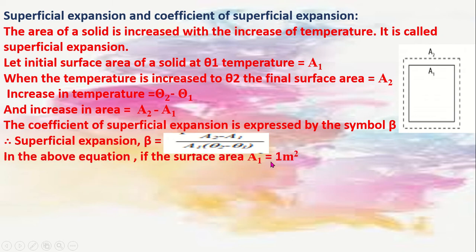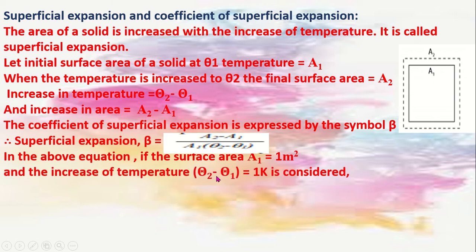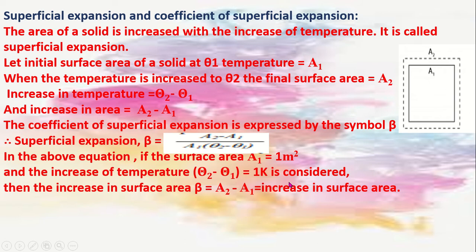So, dear students, in the above equation, suppose we consider the surface area A1 equal to 1 square meter, which was the initial surface area, and the increase in temperature θ2 minus θ1 is 1 Kelvin. Then what will happen? If we put the value in this equation, it becomes beta equal to A2 minus A1, that is equal to the increase in surface area.